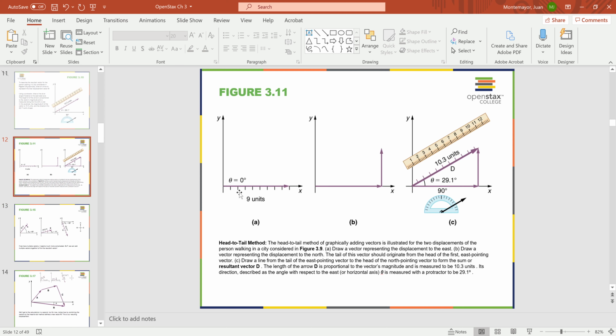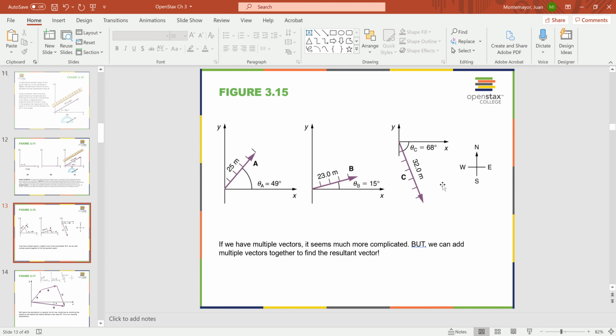You can say, okay, well, you went 9 units instead of 9 blocks in your horizontal component, your X component. Then you went 5 blocks north in your Y component. So you ended up going 10.3 units in total if you were to go from starting point to your destination at this angle here. Okay, we're trying to simplify it even further.